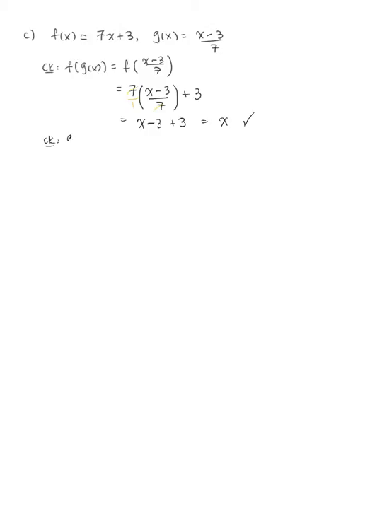Now let's check g of f of x. All right, we got this. So g of f of x is 7x plus 3. All right, so g of x is defined as x minus 3 over 7. So this expression is going to look like 7x plus 3 minus 3, whole entire thing divided by 7.